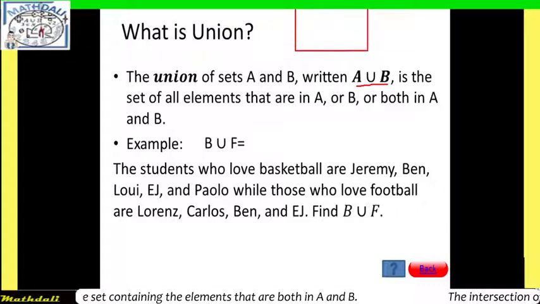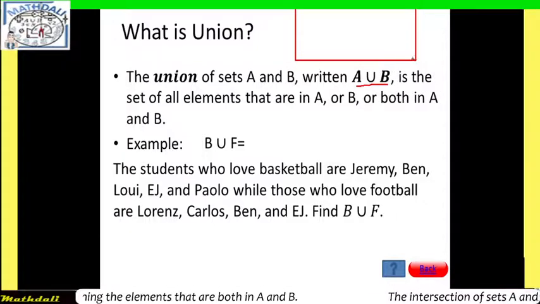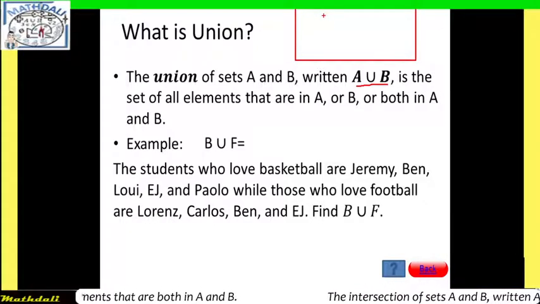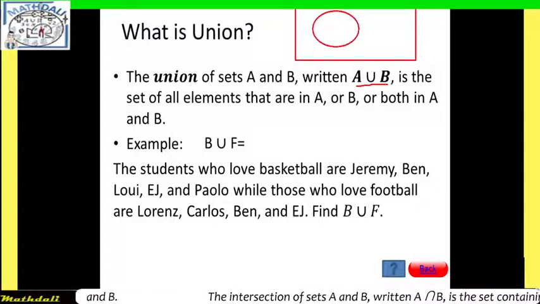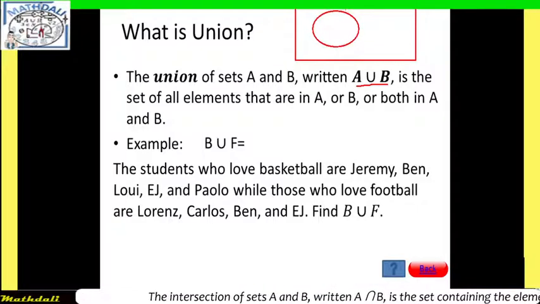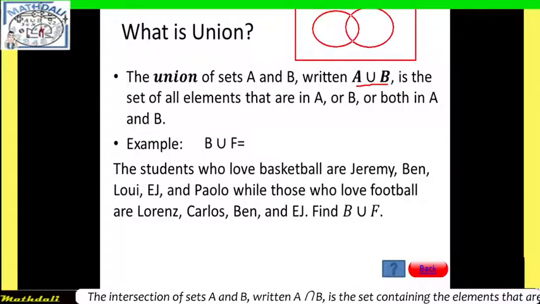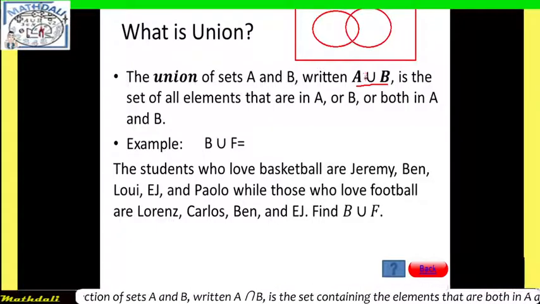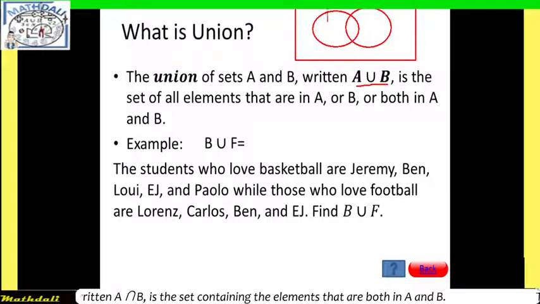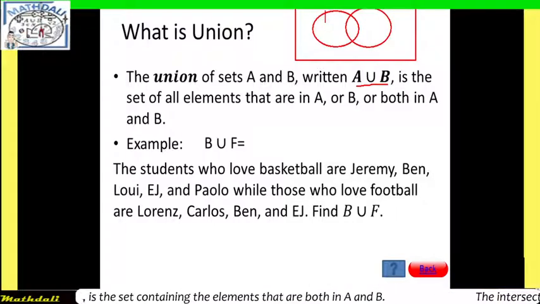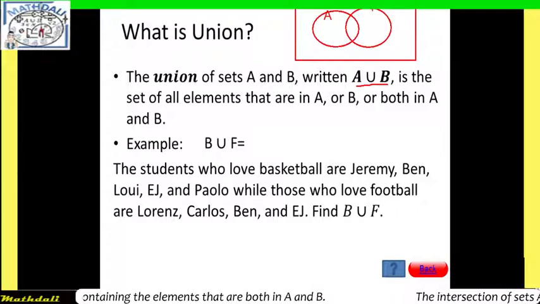So, ulitin natin, ang nire-represent ng rectangle sa Venn diagram ay universal set. Then we also have the circle that represent the set. Okay, itong union of the two set, we have set A and also set B.